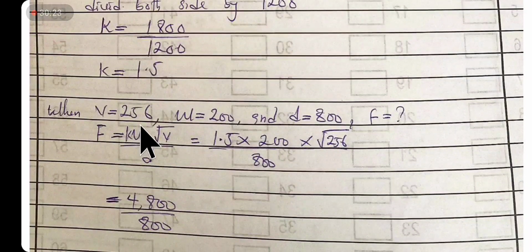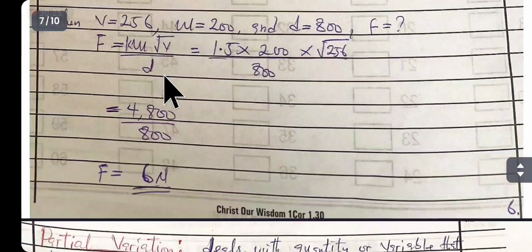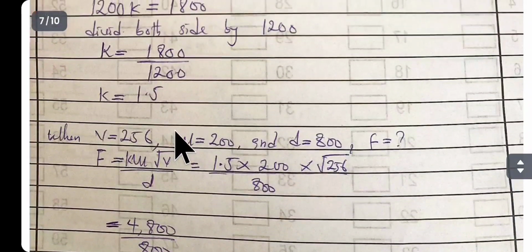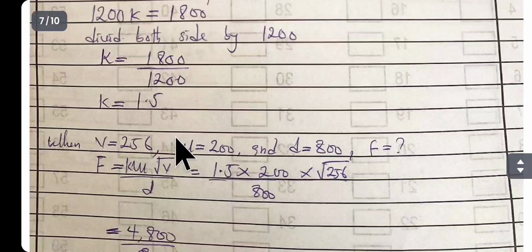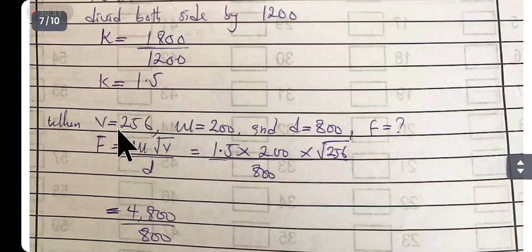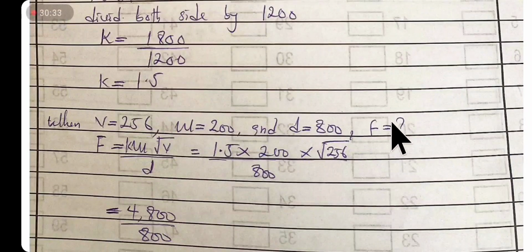So you discover that in this question now, we were not asked to find the formula connecting them. They go ahead to ask us to find our F when V is this value, W is this value, and D is this value.